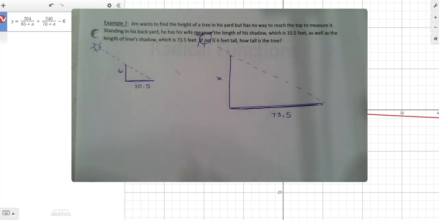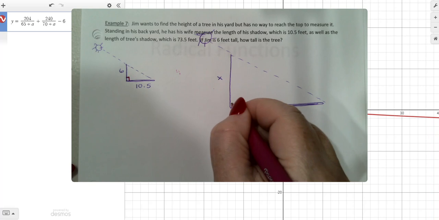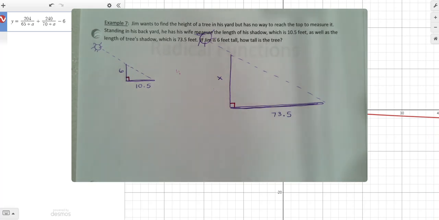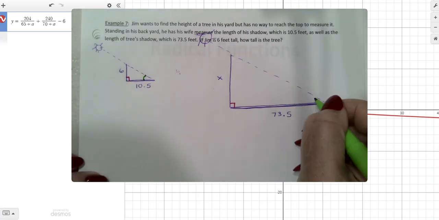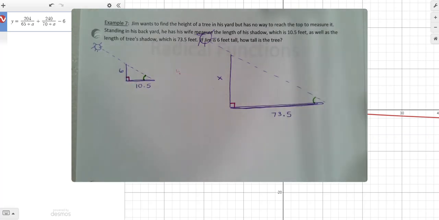Well, I'm going to assume that Jim was standing up straight and the tree was standing up straight. So it seems like a reasonable assumption that those are both 90-degree angles. Now let's think about these angles. Why do those have to be the same? Well, if we assume that these measurements were taken at the same time, right? Basically, she measured him, she measured the tree, right back to back. She didn't let an hour or two pass.